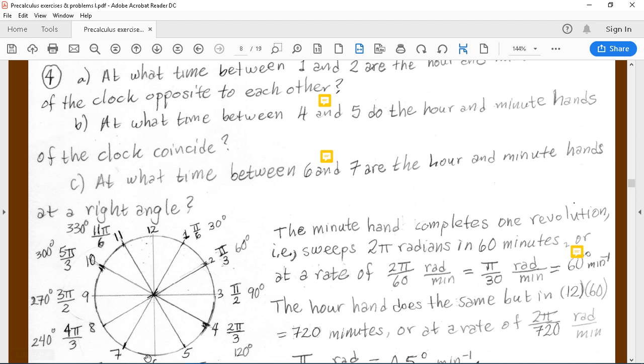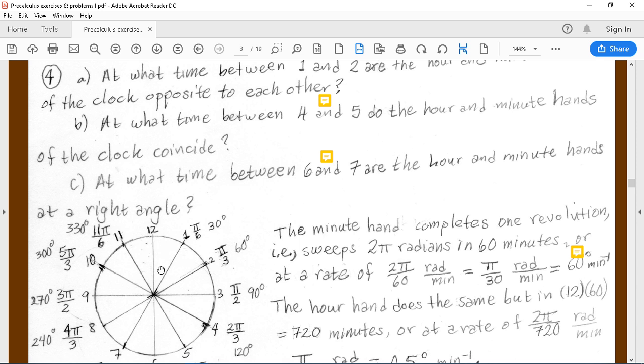Now remember, I have 12 marks equally spaced, and the complete circle is 2 pi radians or 360 degrees, which means that each mark should be at 2 pi over 12 radians with respect to the previous mark, or 30 degrees.